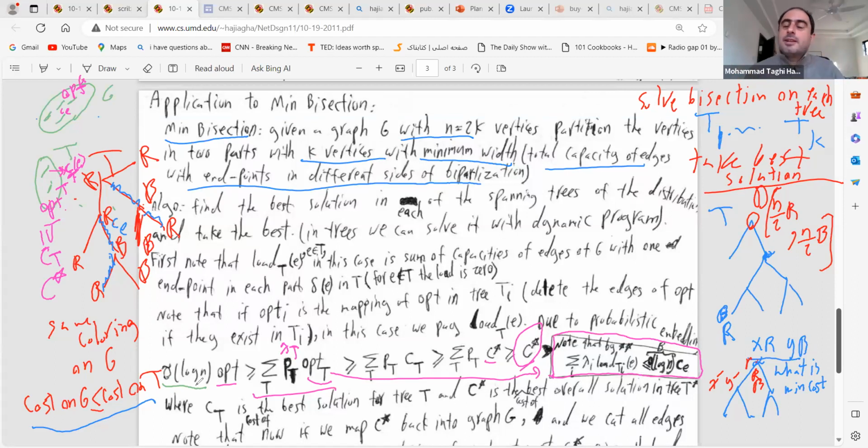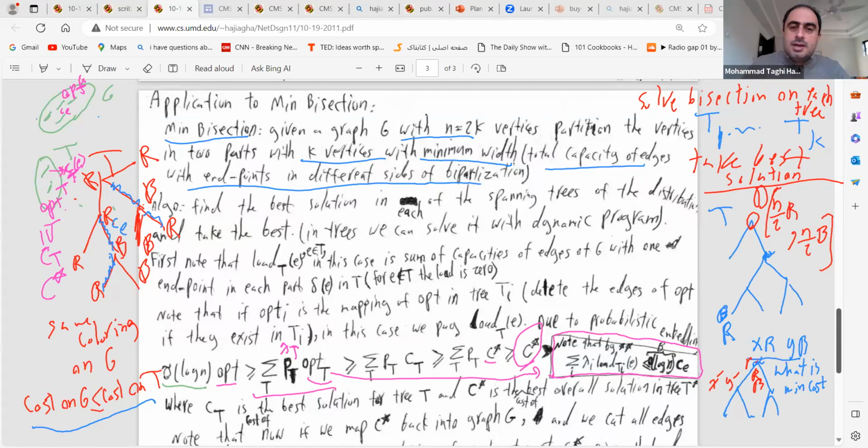This is the example that I mentioned for bisection, which was very important because the previous solution for that was a Feige-Krauthgamer paper, with very complicated solutions. And here we have a much nicer and much cleaner solution with a much better approximation if you do this probabilistic embedding into trees.